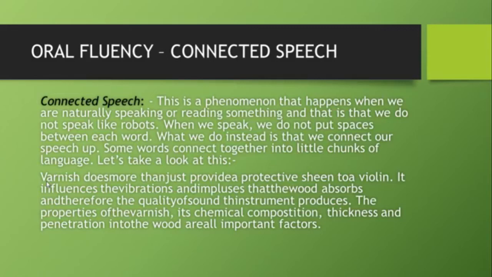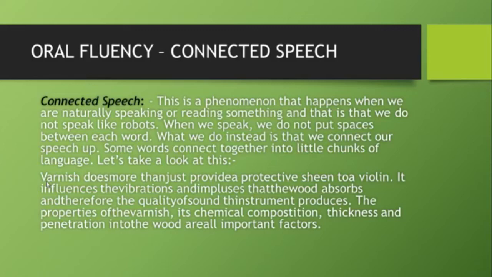And therefore, now if you hear what I exactly pronounced, I even omitted the a and d in "and therefore". I did not say "and therefore", I said n-therefore. So it was just the n that remained here. And therefore the quality of sound the instrument produces.